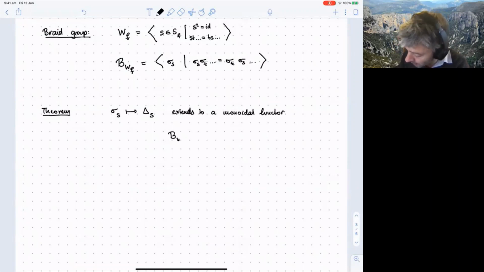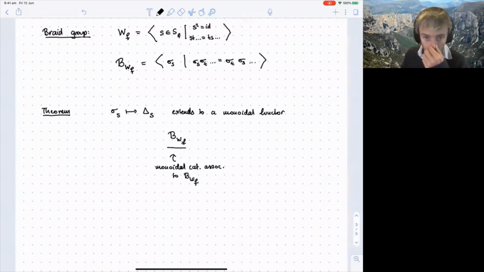from the monoidal category associated to the braid group. So it has objects indexed by elements of the braid group and no morphisms between different elements and only the identity morphisms, and then the monoidal structure is given by multiplication in the group.